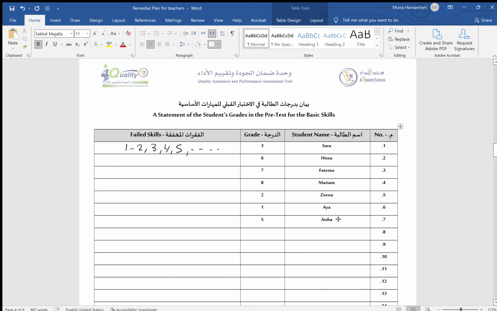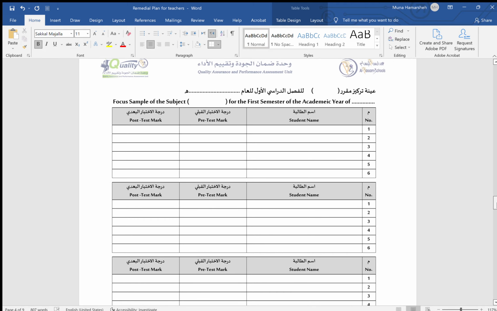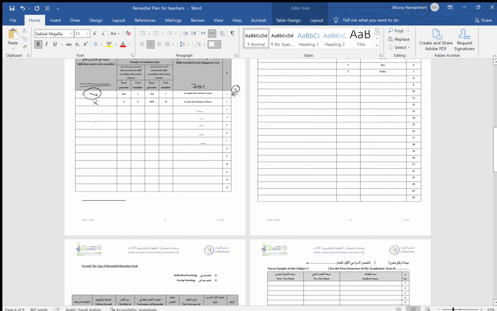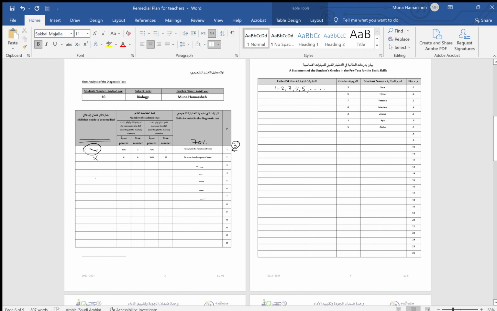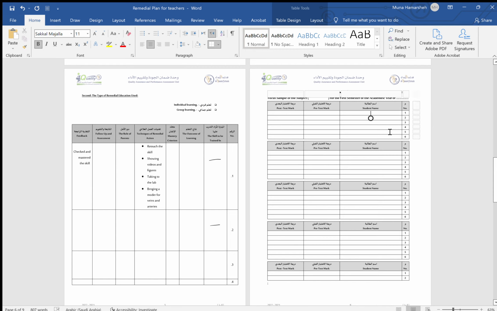From those students, I will check who didn't get 70 and above, and I will put them here. Let's say from the list I had above, I had Hessa, Zaina, Aya, and Aisha. So I will put here Hessa, Zaina, Aya, and Aisha.